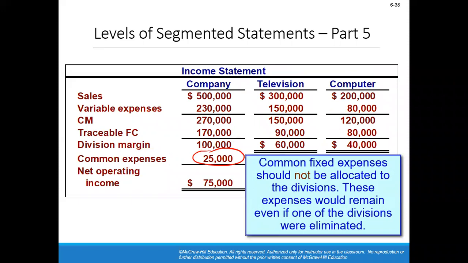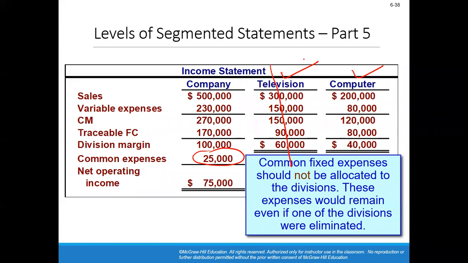So what you see is that this common cost has not been allocated to the television segment or the computer segment. Rather, it has been allocated to the company segment. So you already have understood why we have allocated these common expenses here.